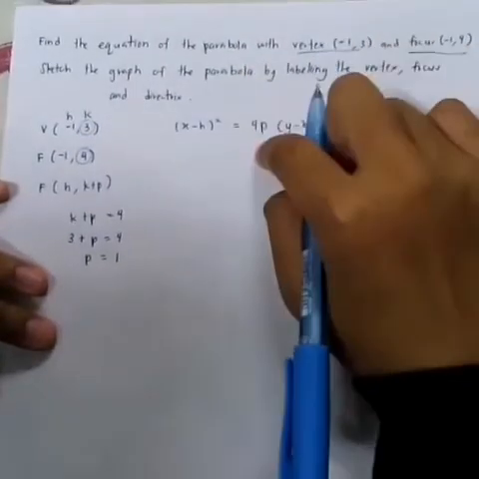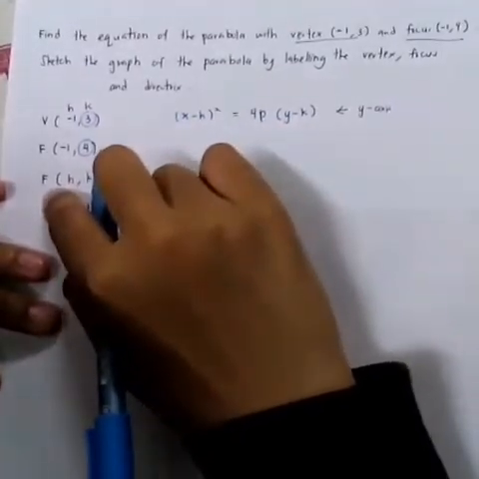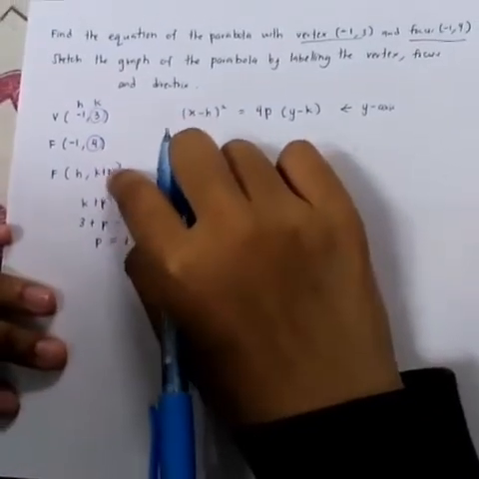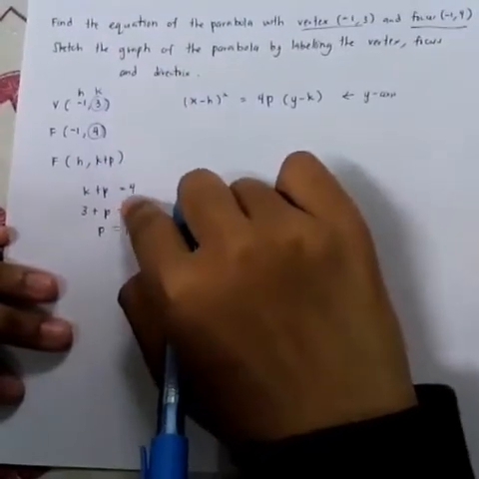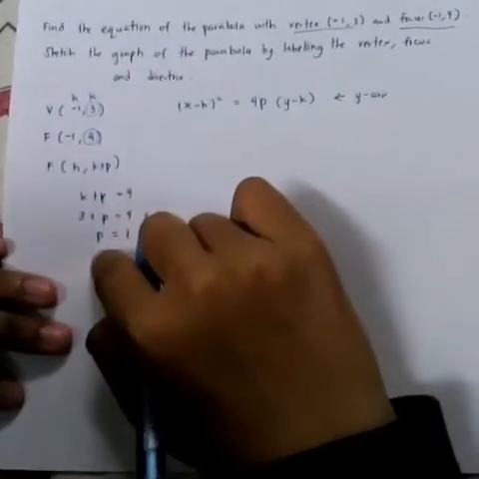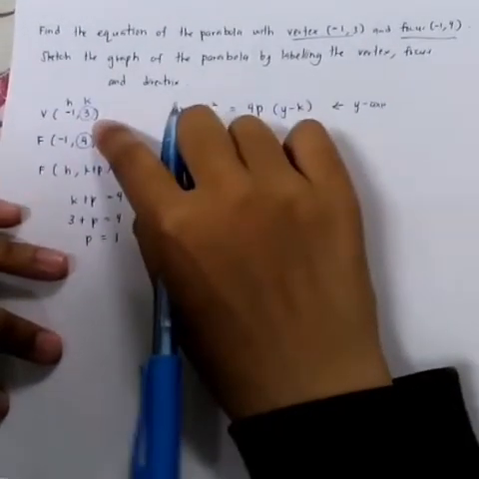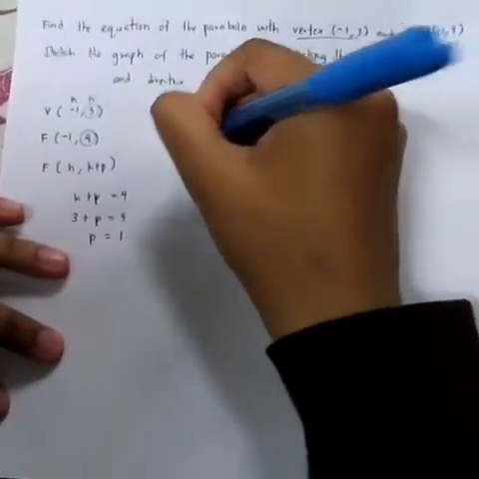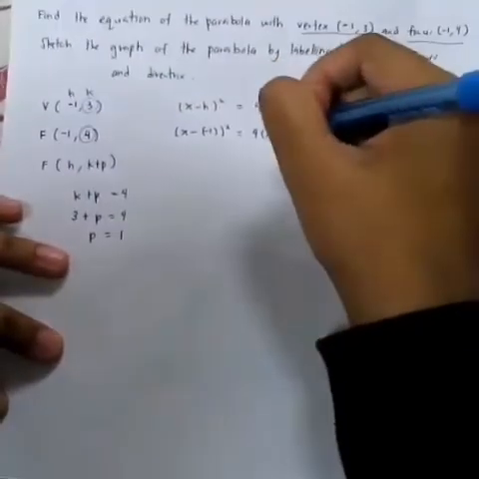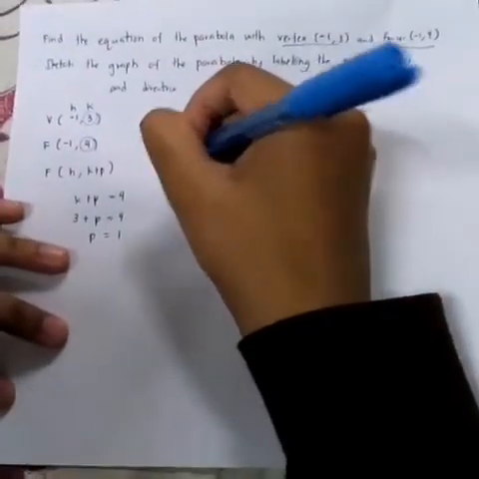To find the value of p, we use the focus formula, where F is (h, k plus p). Given k plus p equals 4, and k is 3, so 3 plus p equals 4 and p equals 1. So substitute the value of p and the vertex in the equation: (x minus negative 1) squared equals 4 times 1 times (y minus 3). We get like this.